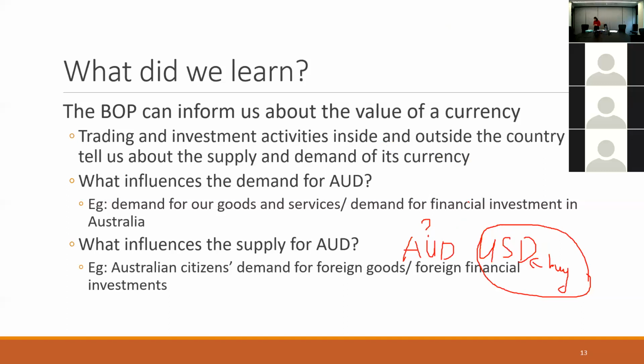So in this case, when we buy the USD, there will be an inflow of USD into the Australian economy. But in exchange, when we buy the USD, we have to pay for it, right? So we have to exchange it for Australian dollars. When we exchange Australian dollars for the USD, we create an outflow of Australian dollars outside of Australia, right?